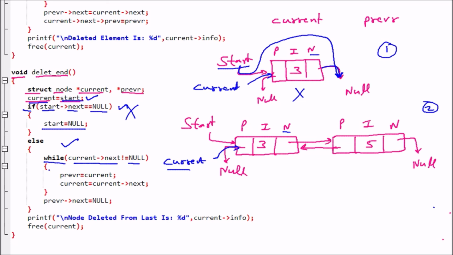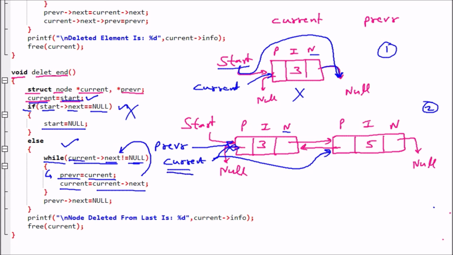No. So it will come inside. Previous is equal to current. So there is one more pointer, previous. It will point to current. Current is equal to current next. So current will move to the next node here. The earlier condition is not satisfied, so again it will go back. Current next null? So current is pointing here, next null. Condition satisfied, it will come down.